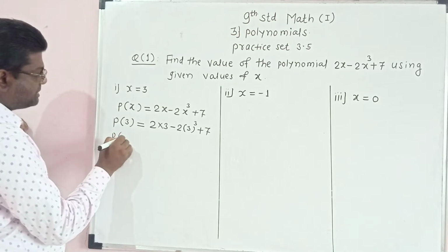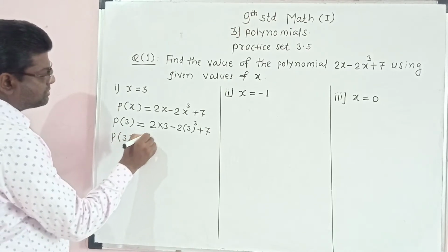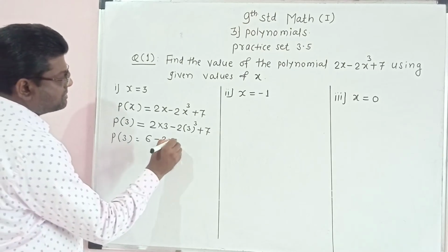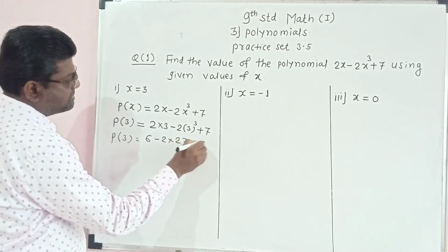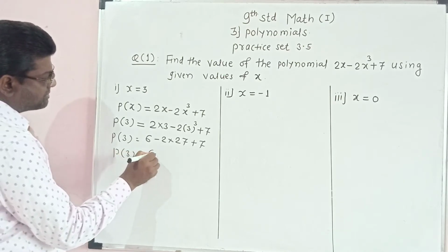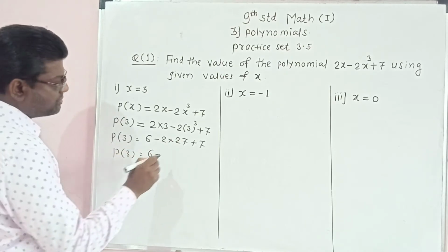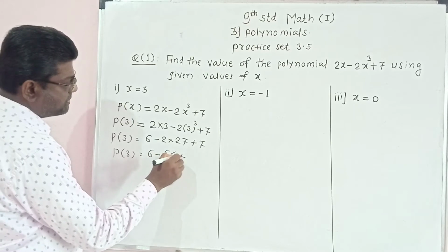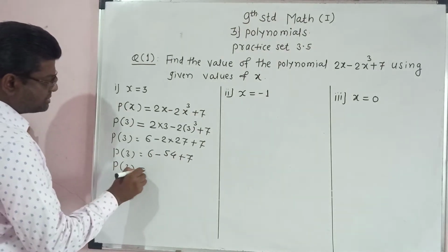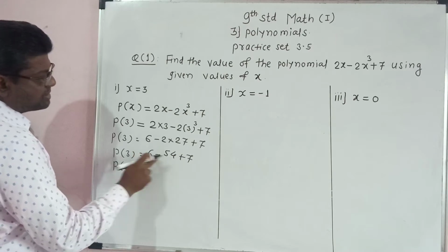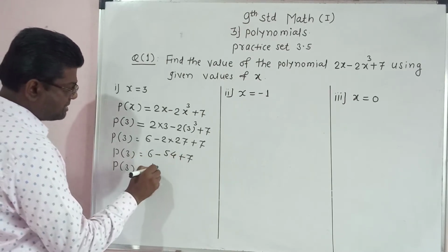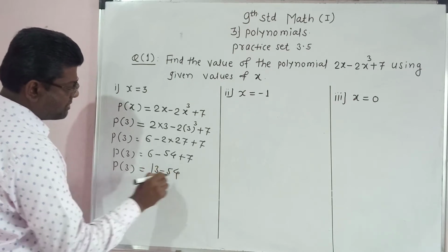So p of 3 is equal to 2 into 3 is 6 minus 2 into 3 cube is 27 plus 7. P of 3 is equal to 6 minus 27 into 2, 54 plus 7. Here 6 is positive and 7 is positive, so 6 plus 7 is 13 minus 54.